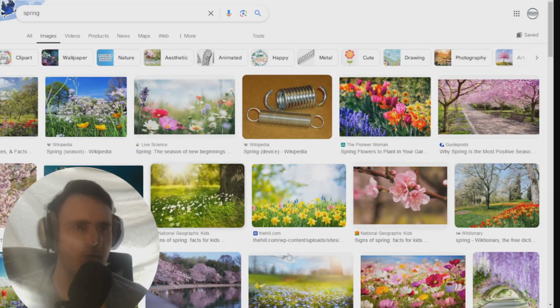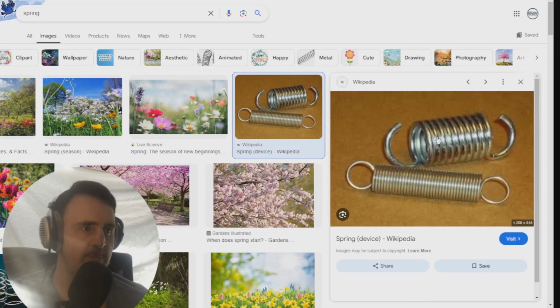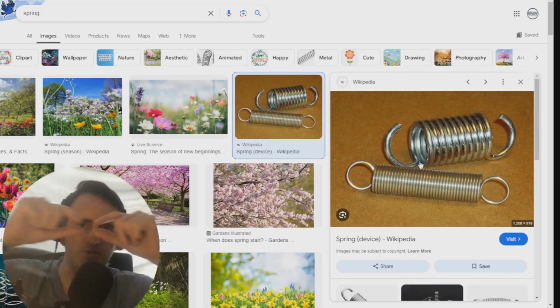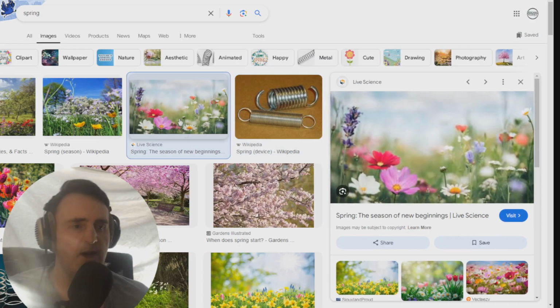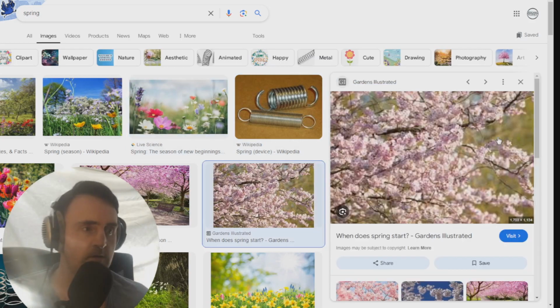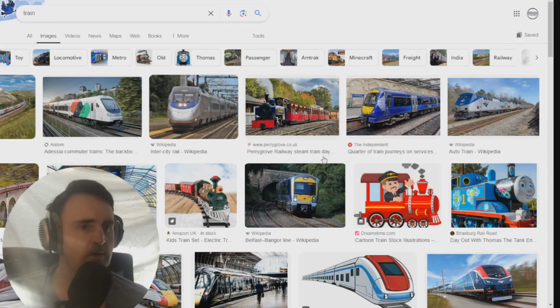And then we have spring. Here we can see both. That's a spring. You can stretch it. And then after winter comes spring. So when all the flowers wake up, see the sakura in spring. Two types of spring. Then we have train.